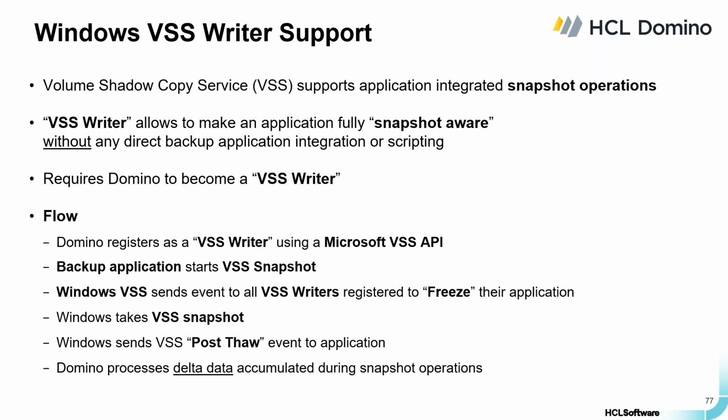A backup application would start and would issue a command to generate a snapshot. So it will talk to a VSS backend API. VSS then sends an info to all the VSS writers and says, hey, someone is doing a backup. Are you okay with that? Are you interested in taking your database into snapshot mode?